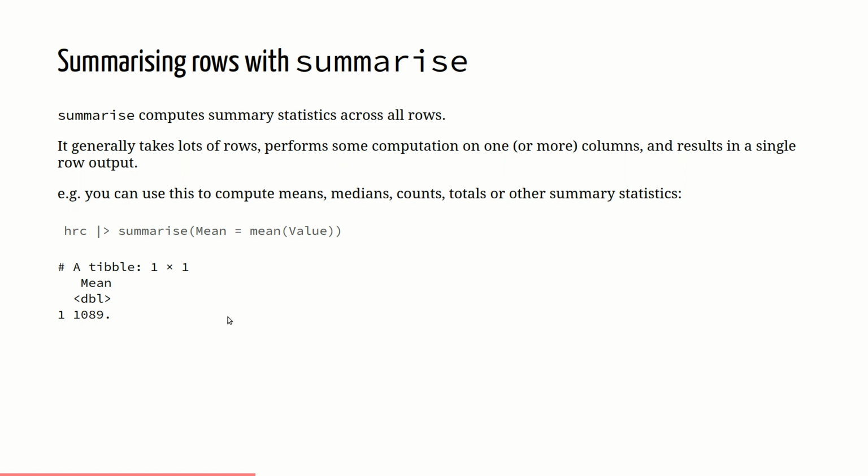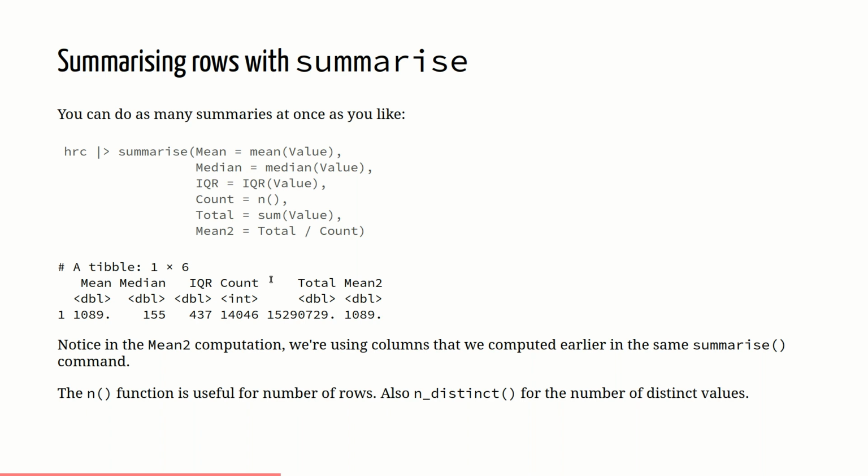Okay, so if you look back at the previous lectures, we did this before, but we weren't using the pipe, but we were using the summarise command. Now you can compute multiple summaries at once. So for example, this command here is computing 6 separate summaries. First of all, we're taking the HRC data, we're summarising it and computing the mean of the values, the median of the values, the interquartile range, which is computed by the IQR function.